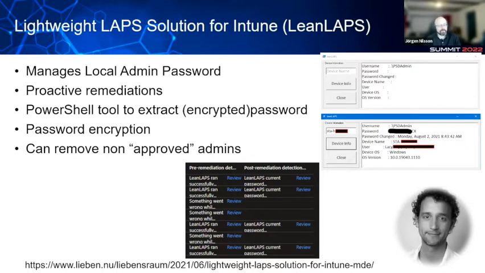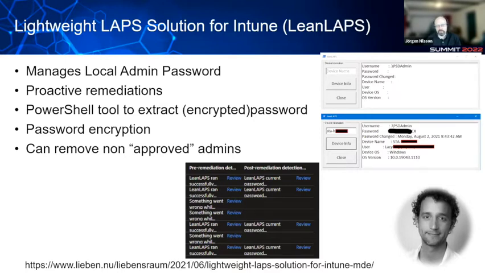So you run the same script as a detection script in proactive remediation and as a remediation script as well. You can have it clear out non-approved admins. You can have it disable the built-in account. It can be used to encrypt the password. Then there's a PowerShell tool that will decrypt it for you as well, as you see up in this corner here, how it looks.